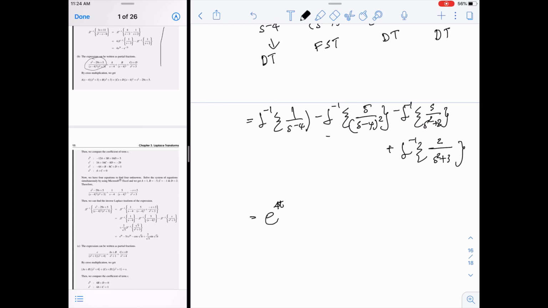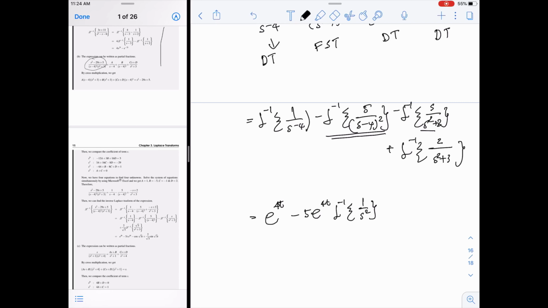And then according to the first shift theorem for this one, minus 5 is your constant, and your a is 4, so you will have e to the 4t over here, and then you just need to inverse your 1 over s squared.